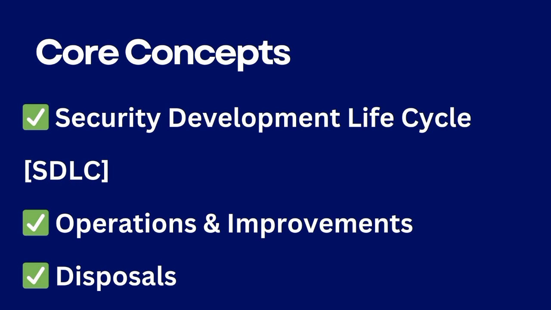That's the total life cycle that a software has from the conception till the disposal, to maybe when the software is ending up. So in this, like I said, we're breaking into three: SDLC, software development lifecycle, operations and improvement, then also disposals.